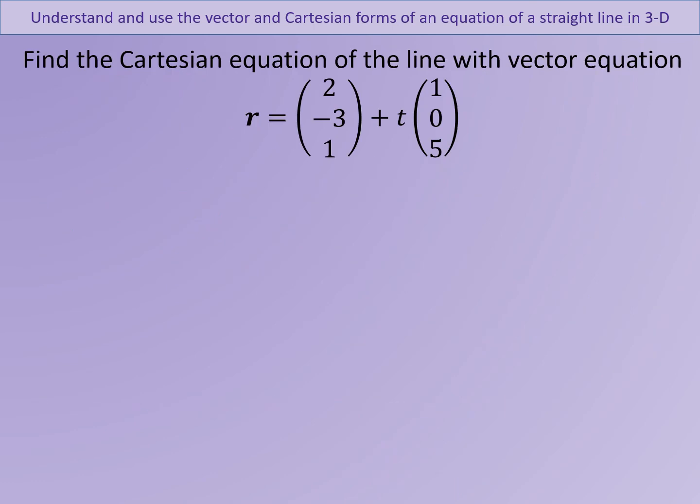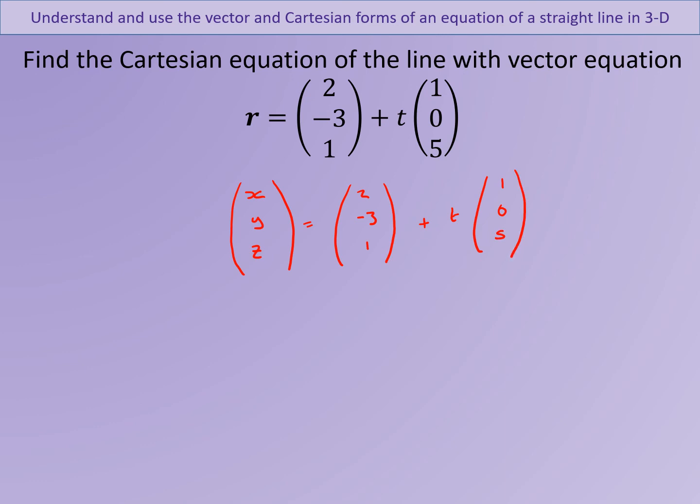We're now going to find the Cartesian equation of the line with the vector equation given here. So we're going to start by writing r in component form, so x, y, z equals 2, minus 3, 1. This time the parameter is t, 1, 0, 5.